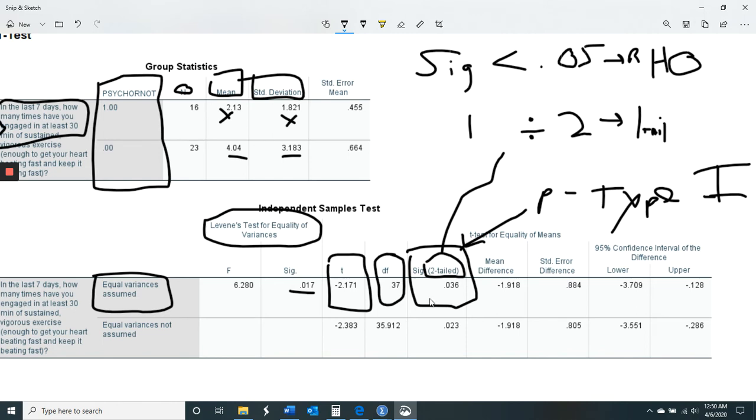Why? Because in this case, it says that we only have a 1.8% chance of making a type 1 error, which is less than the 5% chance that we say is acceptable. And vice versa. So if we get a sig that is greater than 0.05, it's telling us that we have a greater than 5% chance of making a type 1 error, and so then we fail to reject the H0.